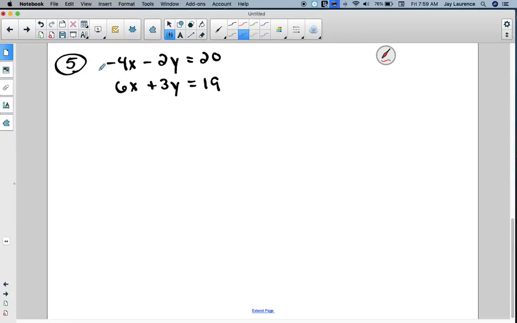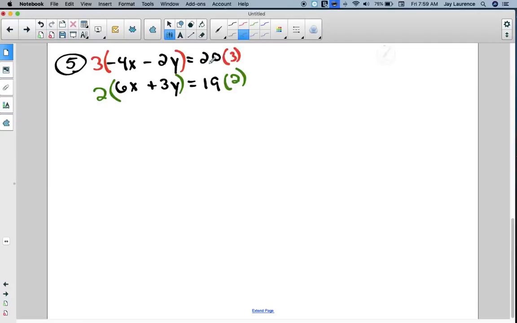On number 5, I think I'm going to choose to multiply the top equation by 3 and the bottom equation by 2. Now, by the way, if I needed to, I could have multiplied by like a -3 or a +2.